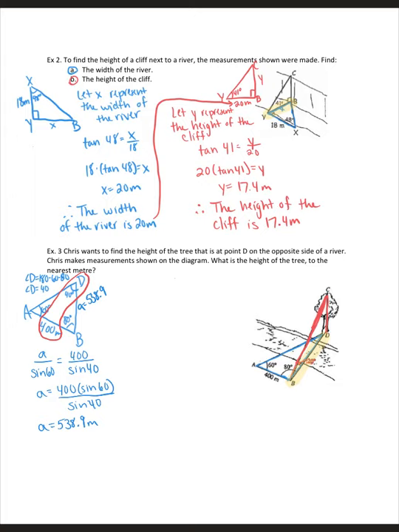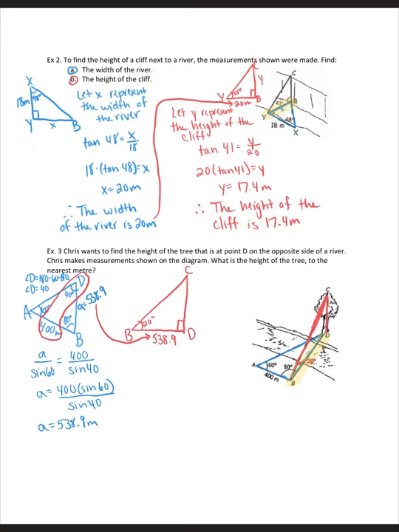So this side length, remember this is our shared side length, is 538.9. So if we draw now that right triangle, we have some more information that we can substitute into that. This right triangle is B, D, and C. So notice both triangles have a BD length. So we found what BD is. That is 538.9. And from our diagram, we can see the angle B is 20 degrees.